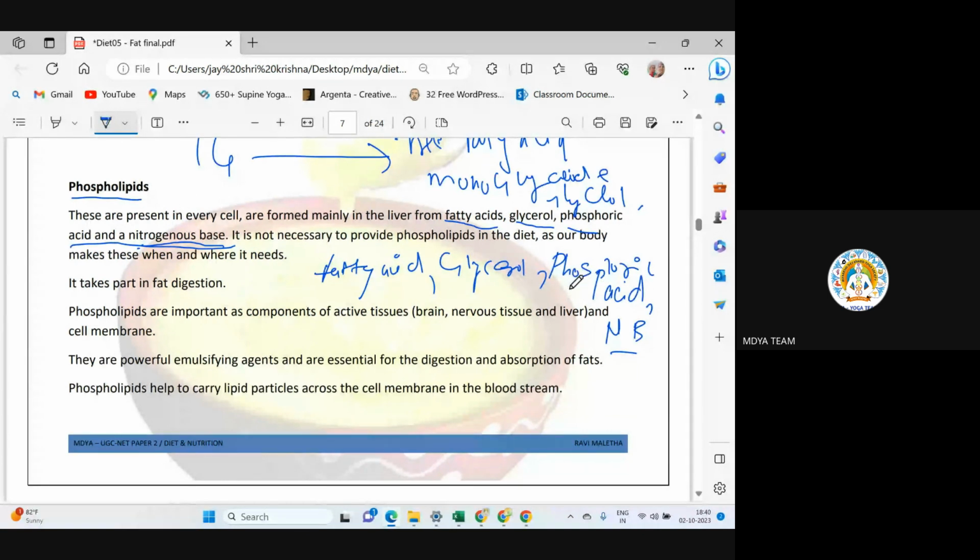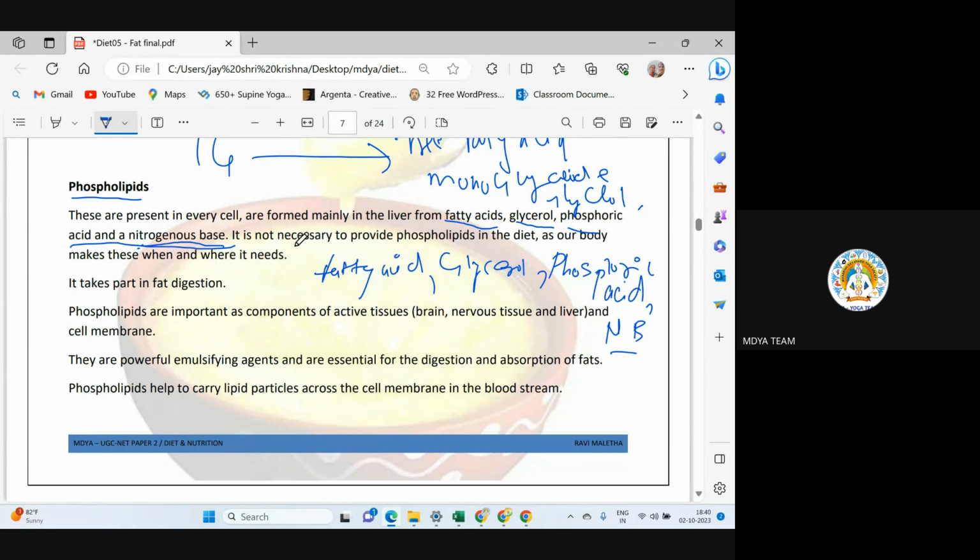Because of the presence of phosphorus, these lipids are known as phospholipids. And one more thing, please don't confuse fat and lipid. Both are the same thing. In this lipid, phosphorus is present along with fatty acid and glycerol, that's why we call it phospholipid.